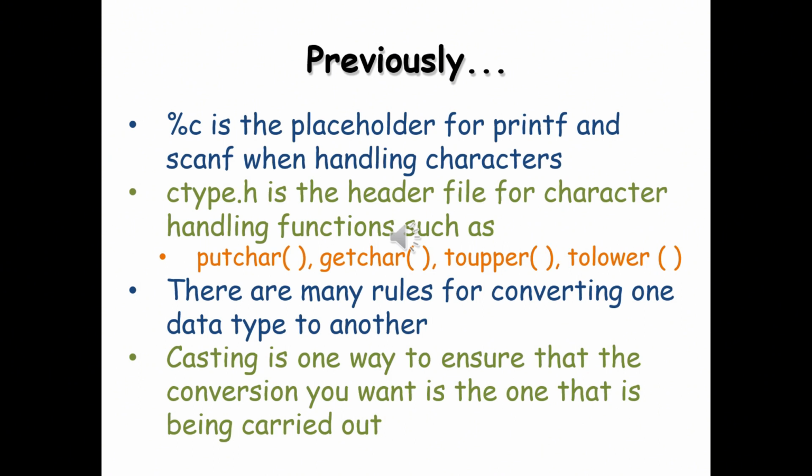Casting is like giving a clear instruction to the computer saying, hey, make sure you convert this exactly how I tell you to. It's like having a translator who ensures your message gets across accurately. So remember, when it comes to characters and data types, we've got placeholders, tools, and casting to help us navigate through the programming C's.